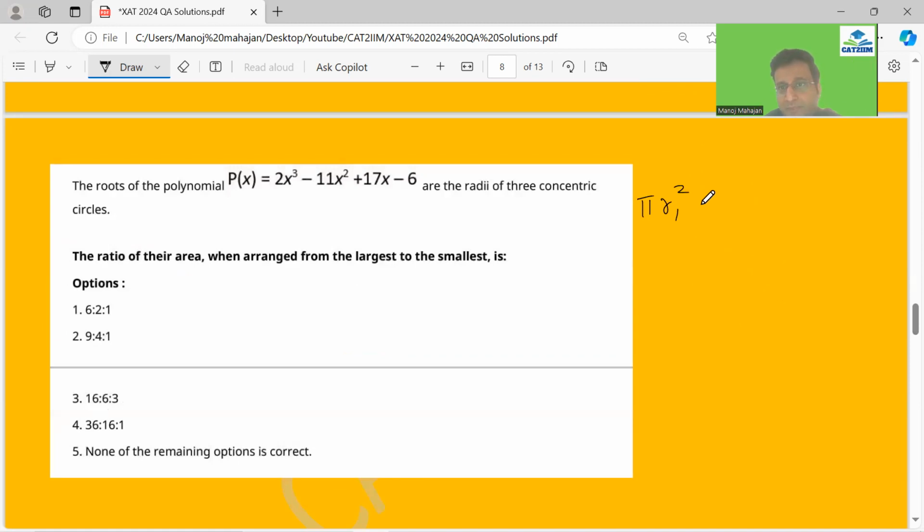We can have pi r1 square, pi r2 square, pi r3 square, assuming r1 is more than r2 is more than r3, and pi would cancel out. So we just have to do the squares of the radii. The only job was to find the roots of this polynomial.